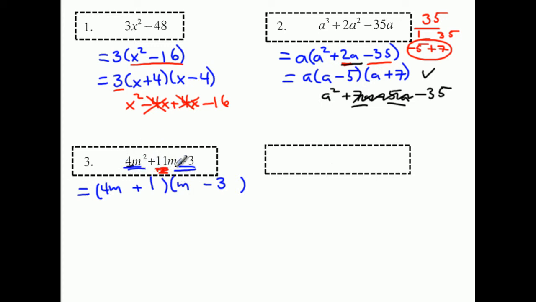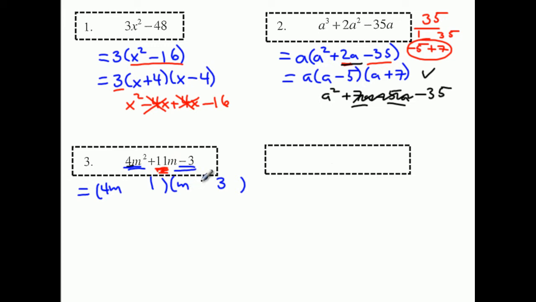Now we need the middle terms to add to give 11. So let's see that they do. 4m times negative 3 is negative 12m, and then 1 times m is just positive m. So this is minus 11m, which is sort of close. The sign is wrong though, so what we can do there is just try flipping the signs on these.